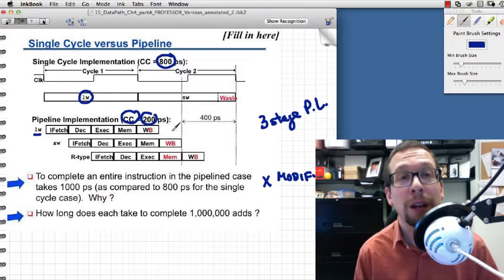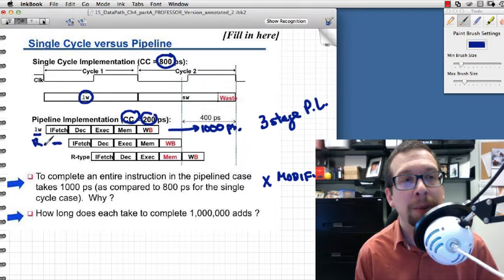It goes to a total of 1,000 picoseconds. So each of these instructions, this is going to be the R type, and that will be the store word. It takes 1,000 picoseconds for the load word. It takes 1,000 picoseconds for the R type instruction like add, and it takes 1,000 for the store word.